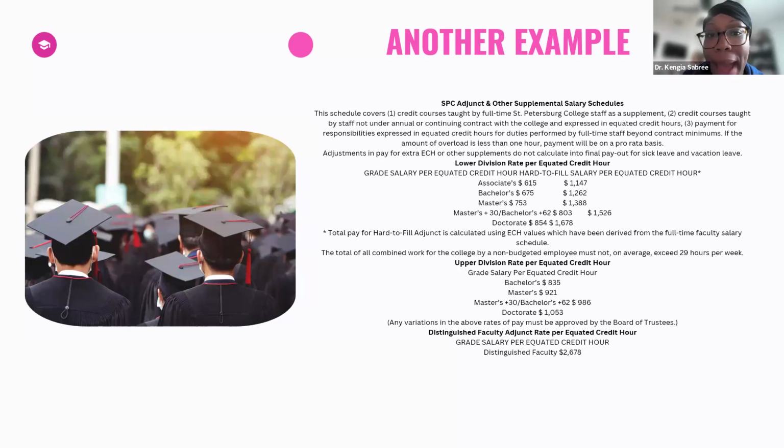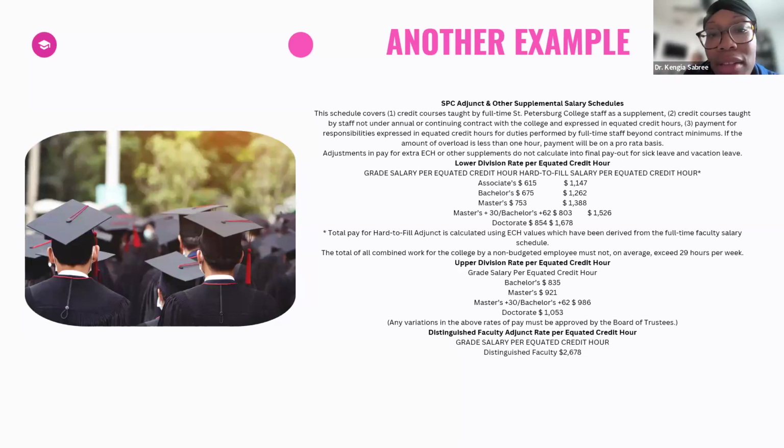That master's is 921 per credit hour, the master's plus 30 that Dr. Coatman mentioned before. There's master's plus 30, but then they also have a bachelor's plus 62, which is the equivalent. They make 986 per credit hour, and then that doctoral rate is 1,053 per credit hour.